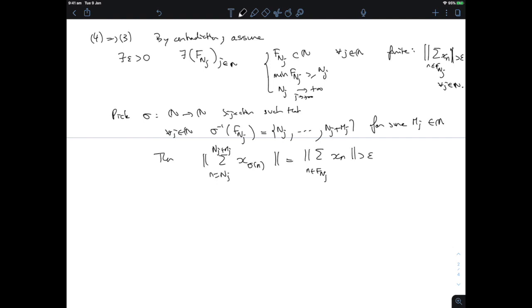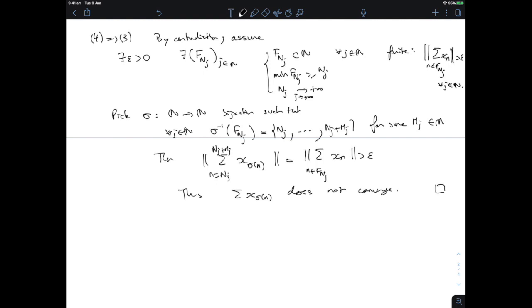And now that means that my series, the sum of x_{sigma_n}, cannot be Cauchy, and so it cannot converge, which proves that 4 doesn't hold when 3 does not hold.